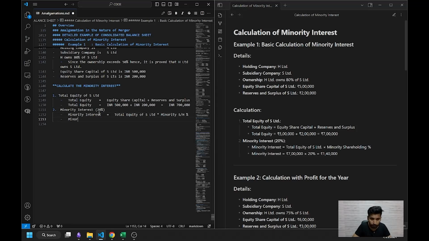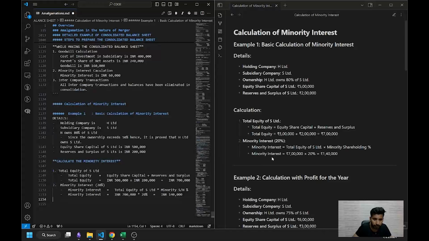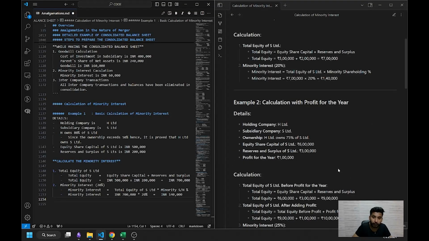That is, the minority interest will be equal to INR 7 lakhs multiplied by 20%. That is equal to rupees 1 lakh 40,000. Okay, this is how the first example goes. But this is the basic calculation, just an idea of how to calculate the minority interest.